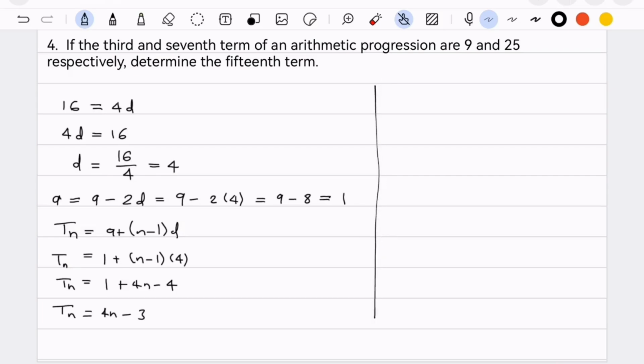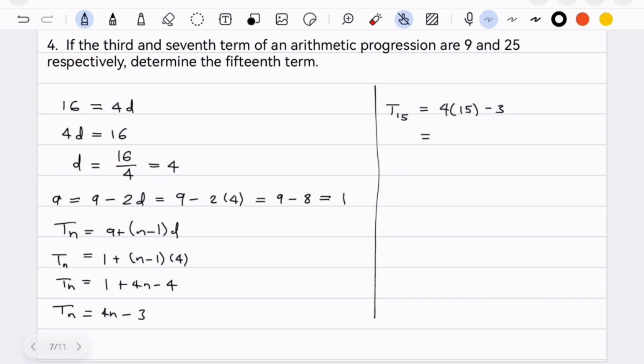But remember, the question is what is our 15th term? So T15 is going to be 4 times 15 minus 3.